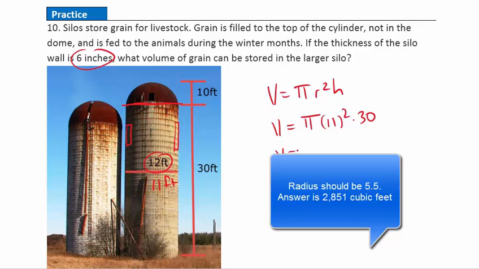So I'll do 11 squared, 11 times 11 times 3.14 times 30. And that will give me the volume of the inside of this silo. So 11,398.2, and that's going to be cubic feet since we're dealing with volume.